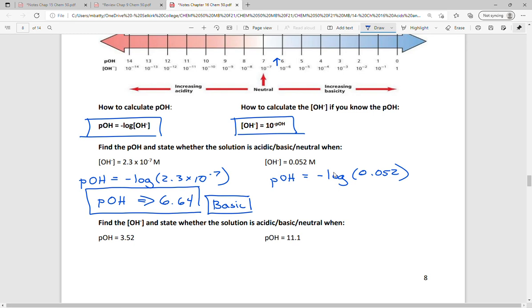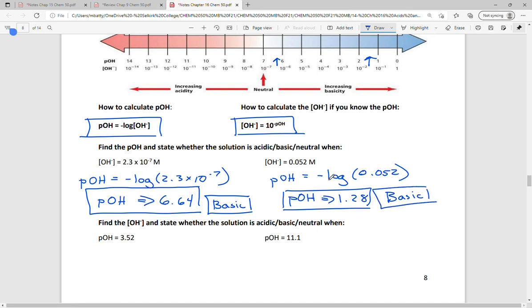Running that through my calculator, I have 2 sig figs in my concentration, so that means my pOH is going to have 2 decimal places. And so my calculator tells me it's 1.28 on the pOH scale. So down here, between 1 and 2, that's going to be another basic solution.